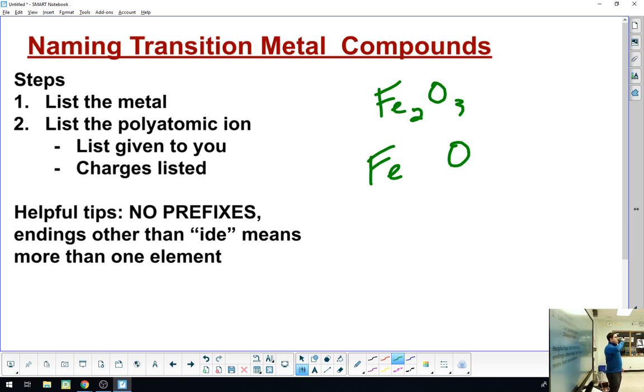What's the charge on oxygen? -2. -2, absolutely. We're going to do the reverse crisscross method. So the 2 that we brought here, this 3, we're going to bring here. So iron gets a +3 charge. So you follow me there? Right, John? Yeah.